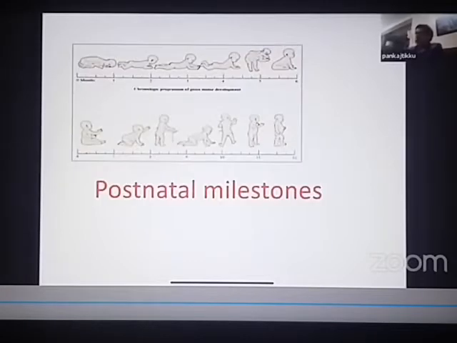Now we come to milestones. Now when I'm teaching milestones, what I would expect you to do is to just keep on writing the milestones. Milestones is not something that I can teach. Milestones is something that you have to write and remember for your exams. If you remember, when I started my class, I told you growth and development are not the same.